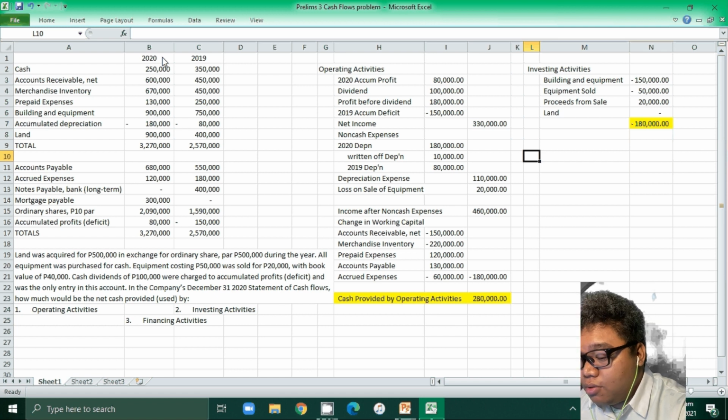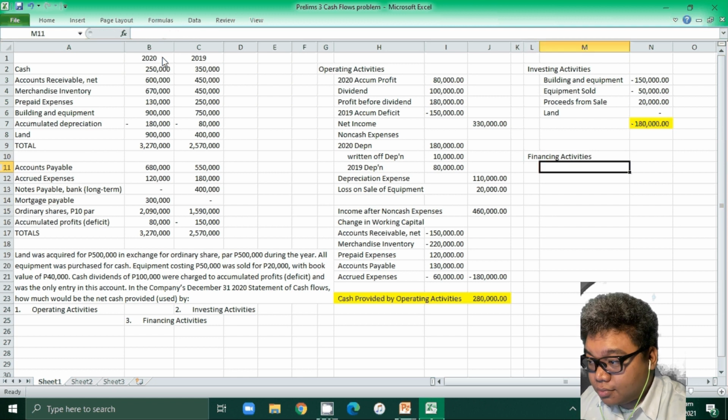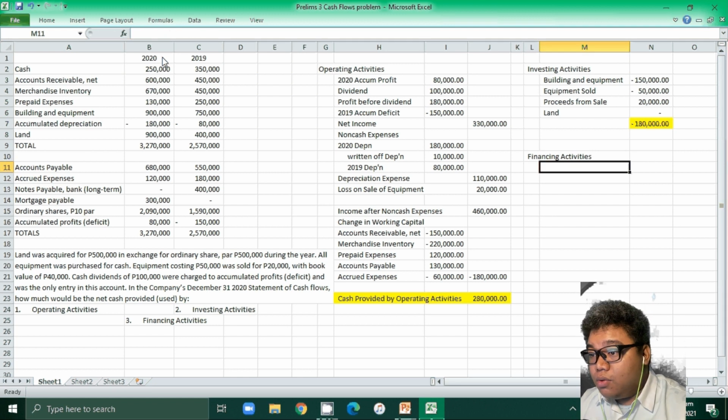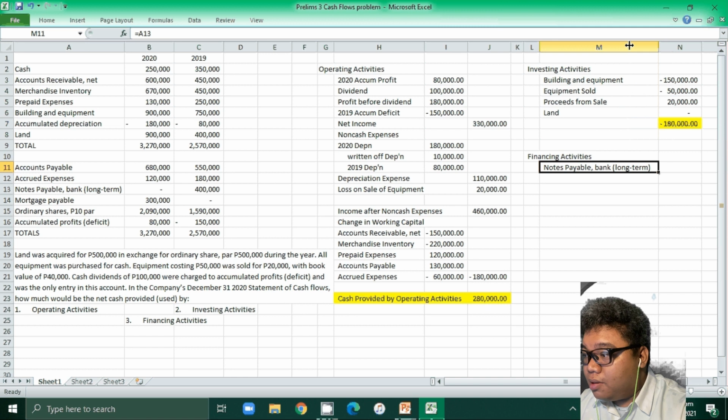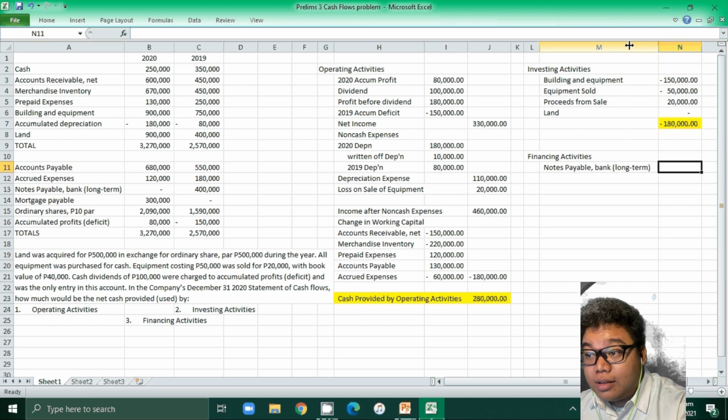Now we go to financing activities. In here, we need to consider the non-current liabilities and shareholders' equity. So we have the notes payable. The notes payable change from 400,000, it is now 0.